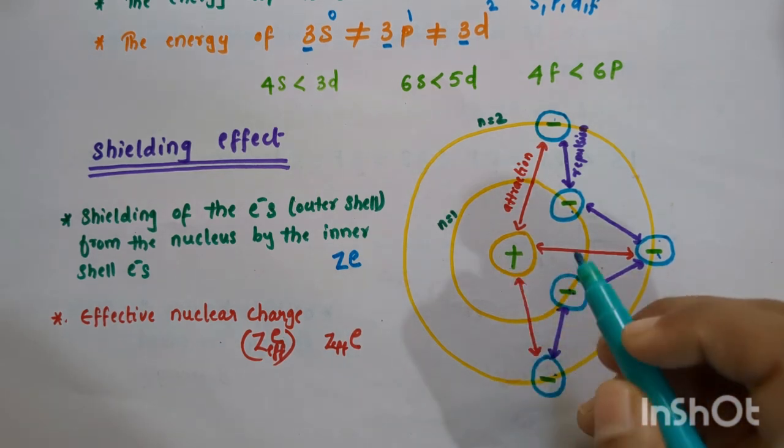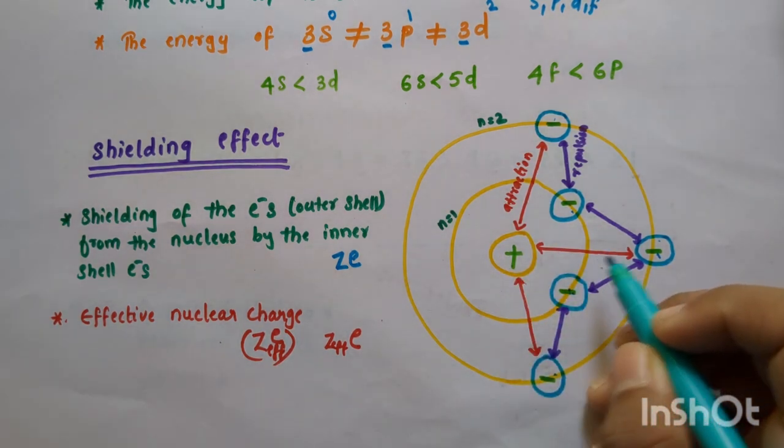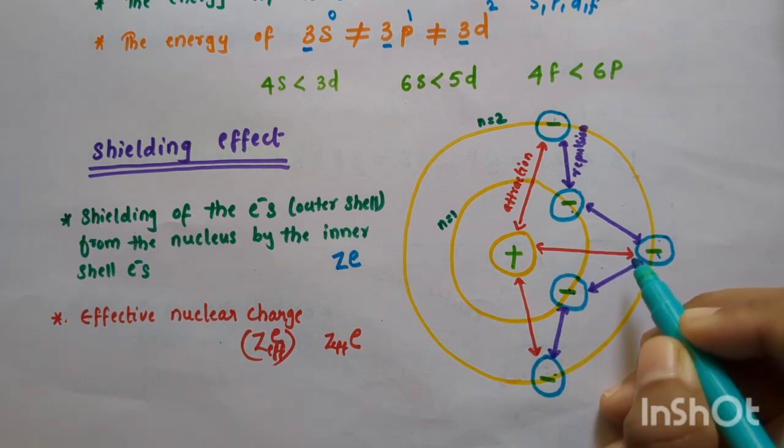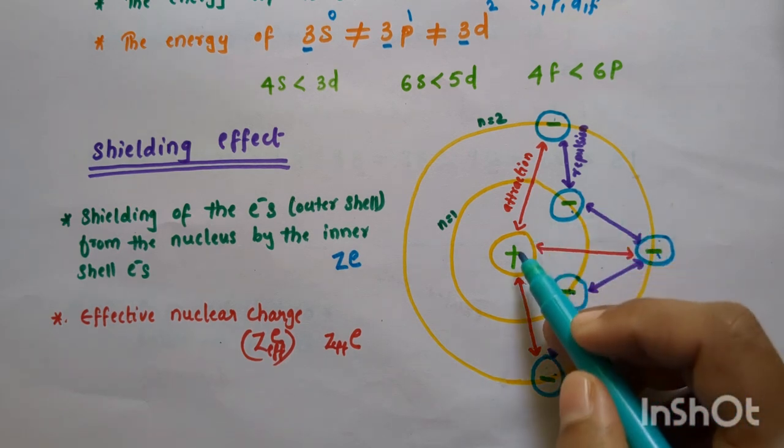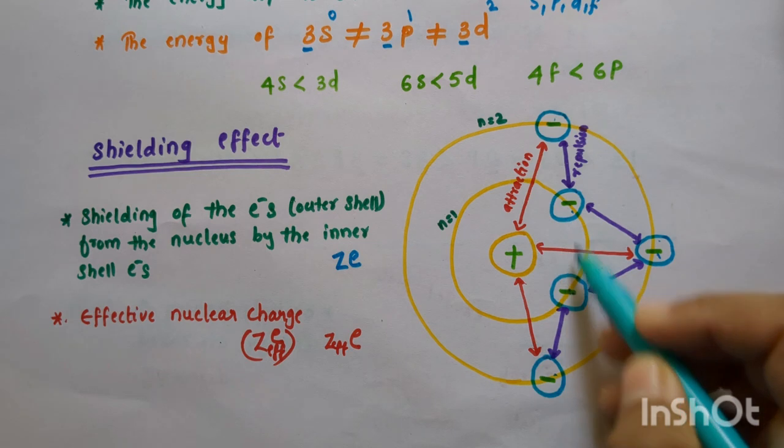So the effect is lowered due to the partial screening of the positive charge on the nucleus by the inner shell electrons.